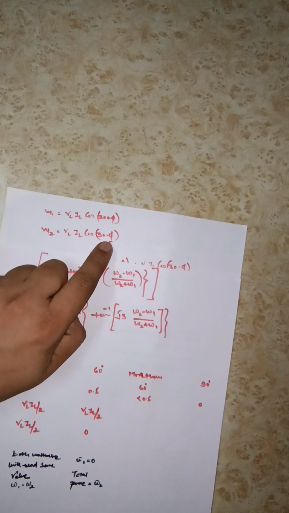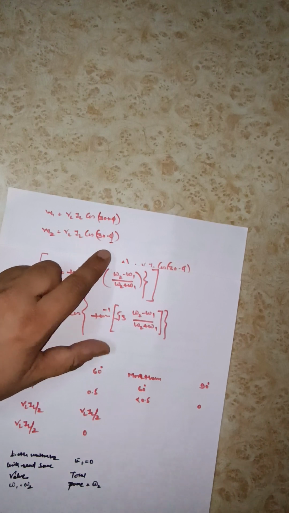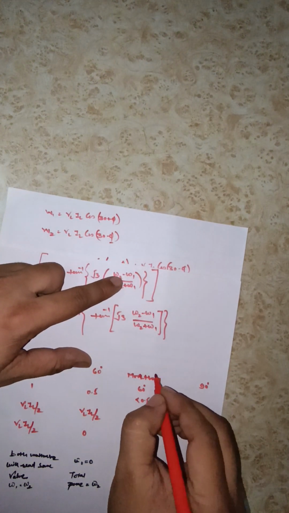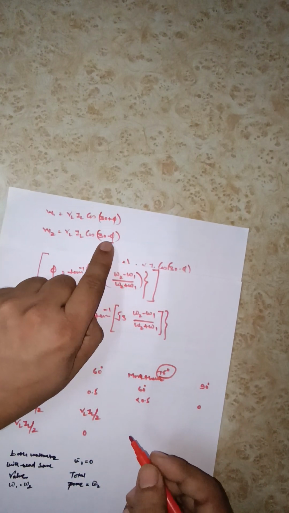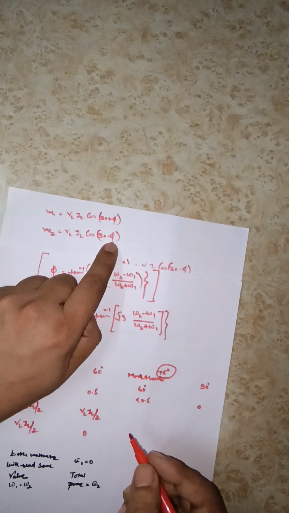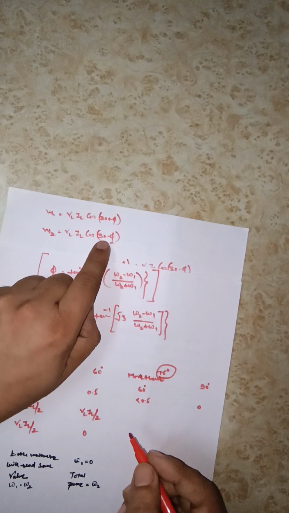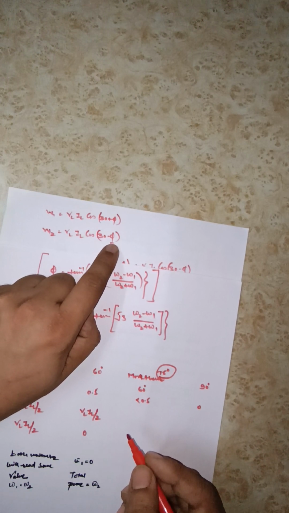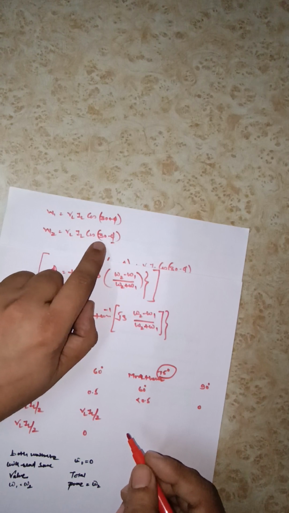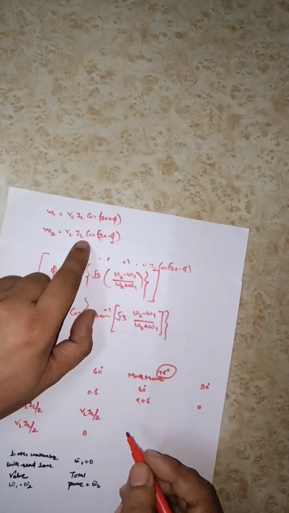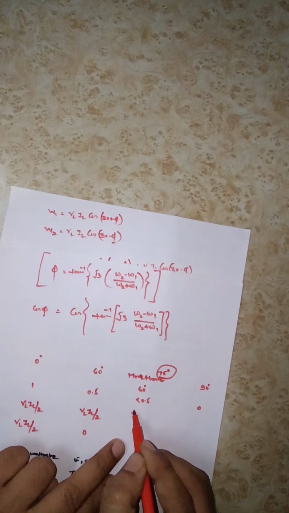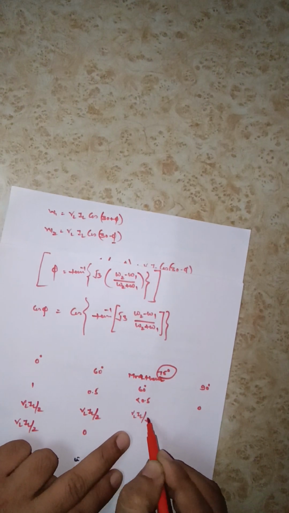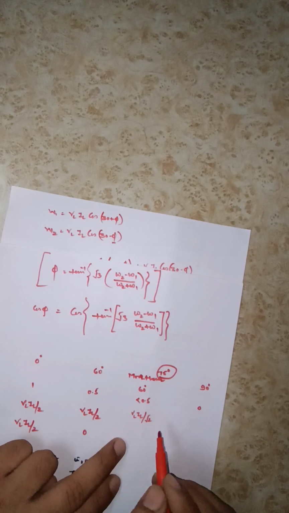So here you will get 30 minus 75, so minus 45 degree. Minus does not exist in cos, so cos 45 is equal to what? 1 by root 2. So it will be VL IL by root 2. It means some positive value.